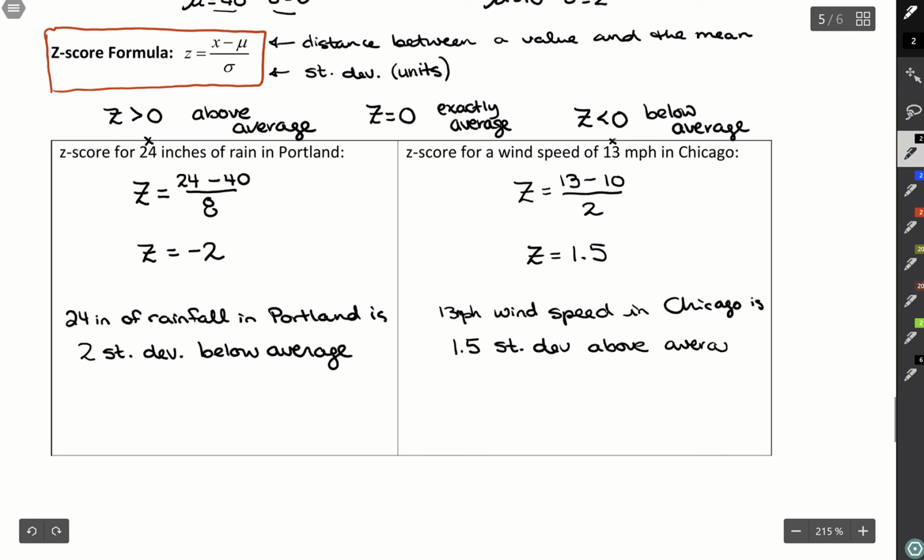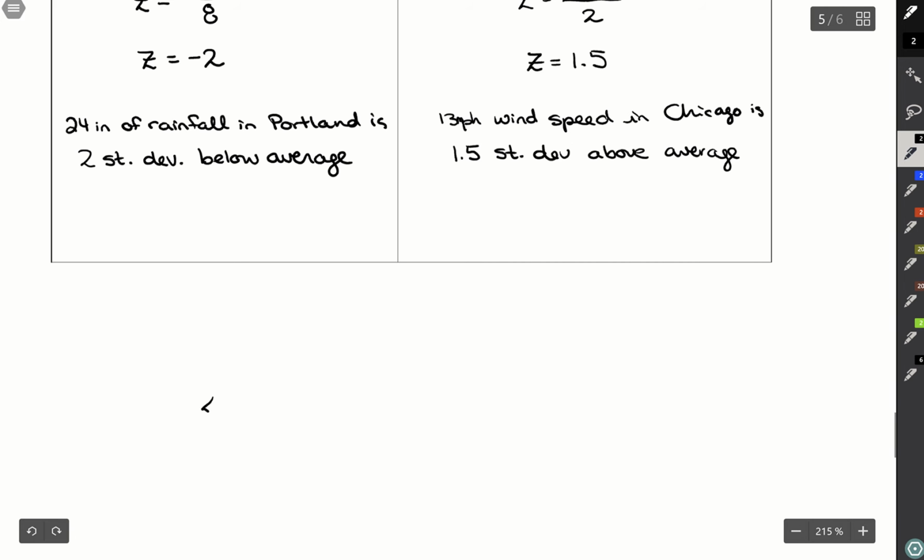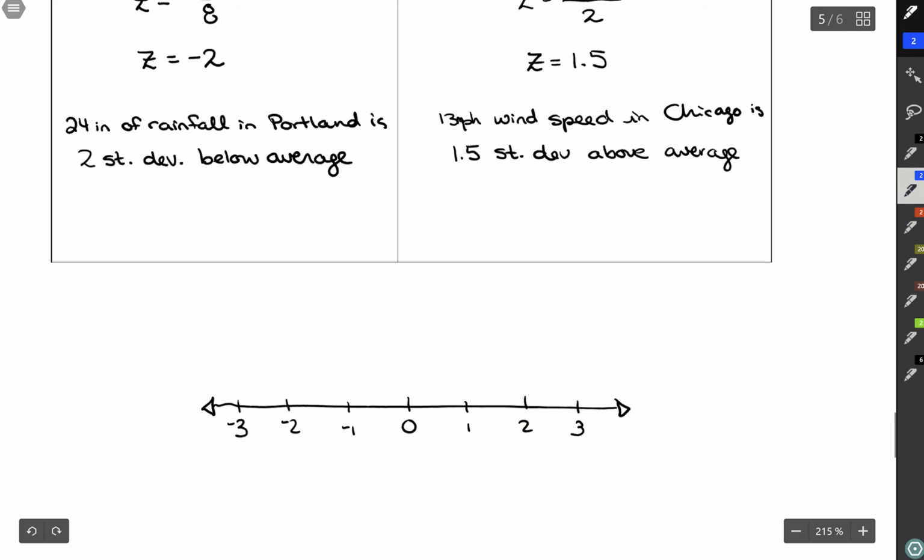So now what we have here are these numbers that we can compare on the same number line. What we can do is draw that number line where 0 is our mean, then go 1, 2, 3, and -1, -2, -3. And in terms of Portland landing at -2, there's Portland, and Chicago was at positive 1.5.